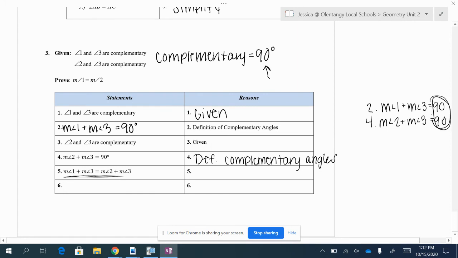Do you see how they are equal to the same number? Okay, that is going to be classic transitive property. We can go ahead and cut that number out and set our two statements equal to each other. And that's exactly what we have written here. So again, that's going to be the transitive property.